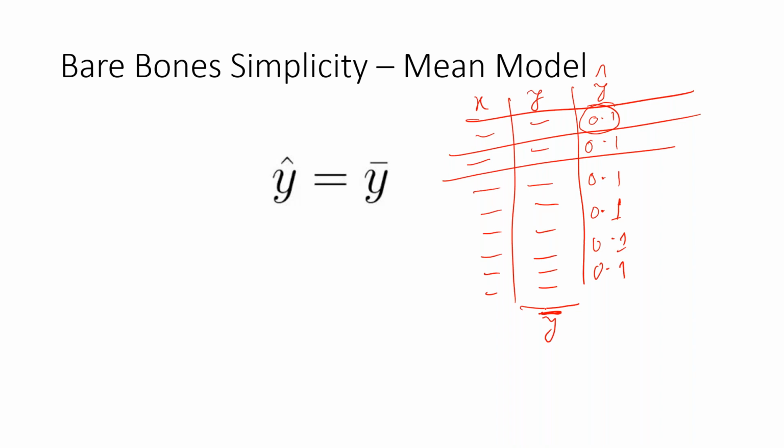Okay, so let us look at it. Our y bar is nothing but the average of all y's in the data set, and y hat is my predicted variable. This is the simplest model. No matter what my x-y relationship is, I am ignoring all that relationship. I am saying that for whatever new value of x, my prediction will be y bar, that is, the average of all y's.